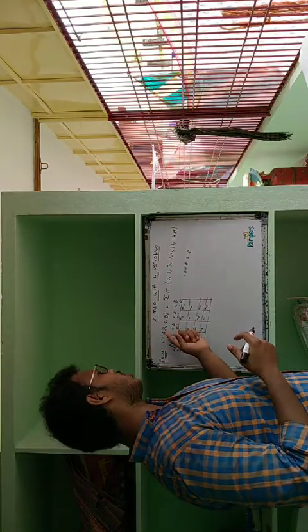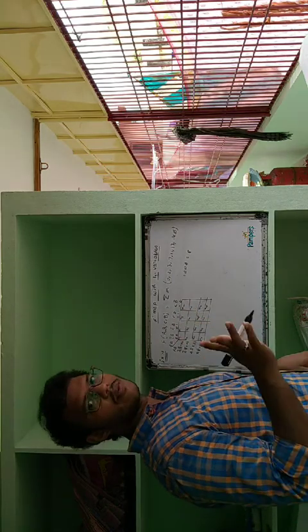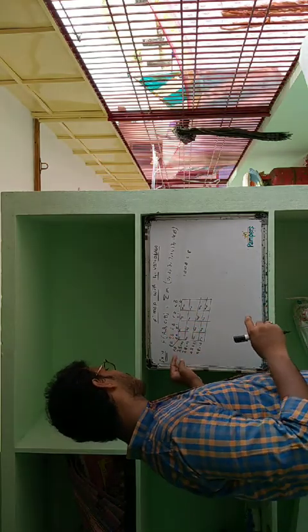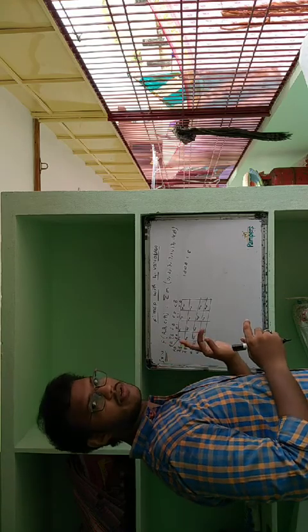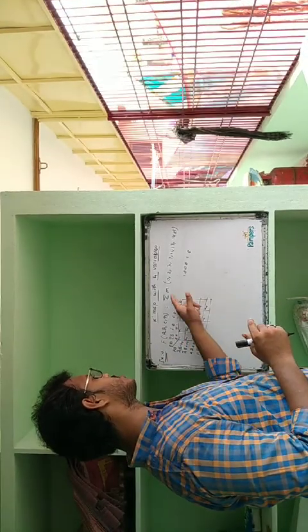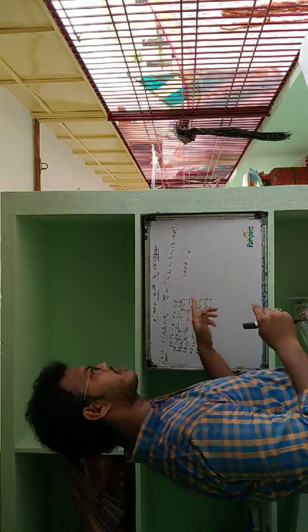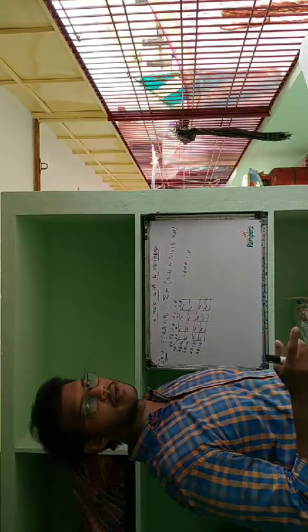In the given question, how many variables are given? 4 variables are given. So we have written the 4 variables according to the most significant bit to least significant bit. Next, for each term we have to make the function high.